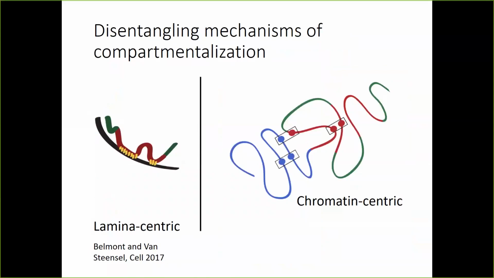And so there's also maybe a more chromatin-centric view of the forces driving compartmentalization, and the theoretical perspectives on these tend to be heteropolymer phase separation models, and here are some examples of those.